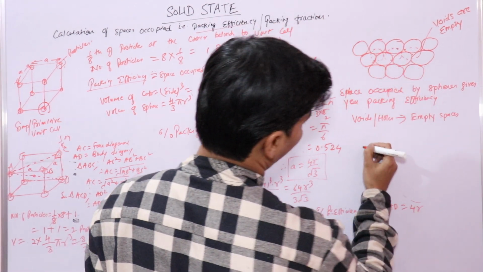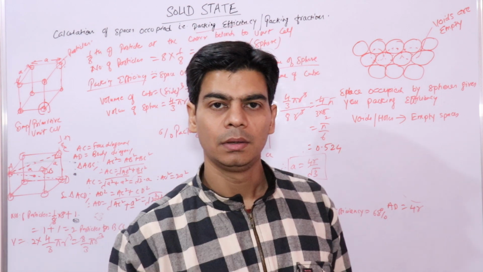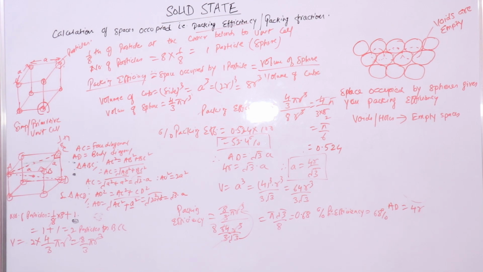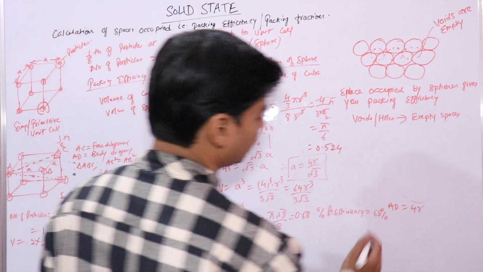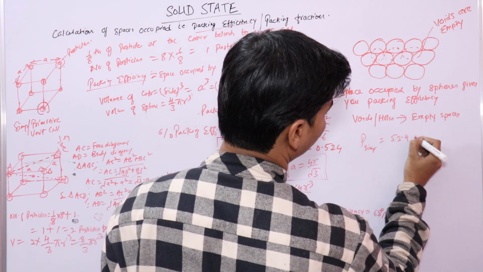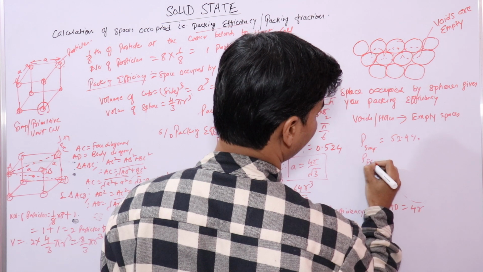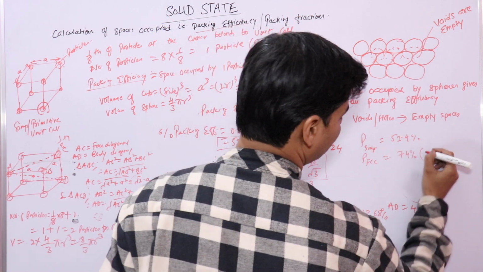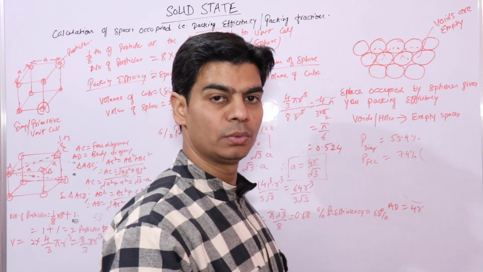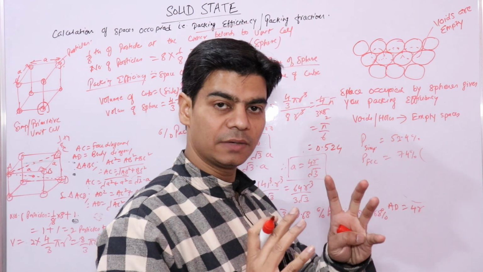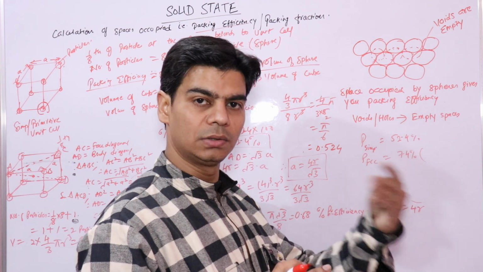So now we know for all the 3 structures, simple cubic, face centered and body centered, packing efficiency is maximum for face centered, right. Let's write it over here. Packing efficiency for simple cubic is 52.4%. Packing efficiency for FCC was 74%, and if you remember, the packing efficiency for cubic close packing is same as FCC, and the packing efficiency for hexagonal close packing is same as cubic close packing.